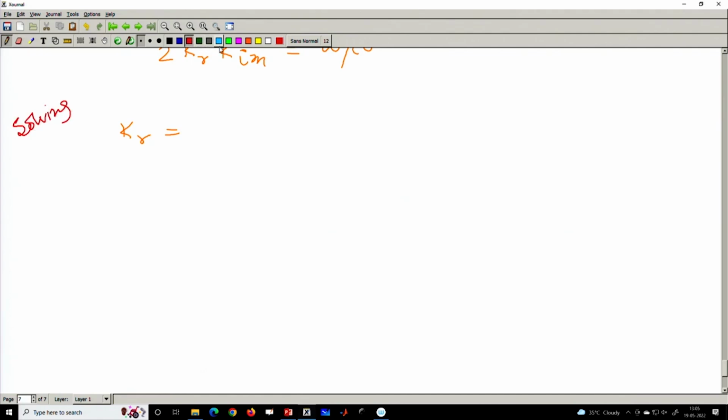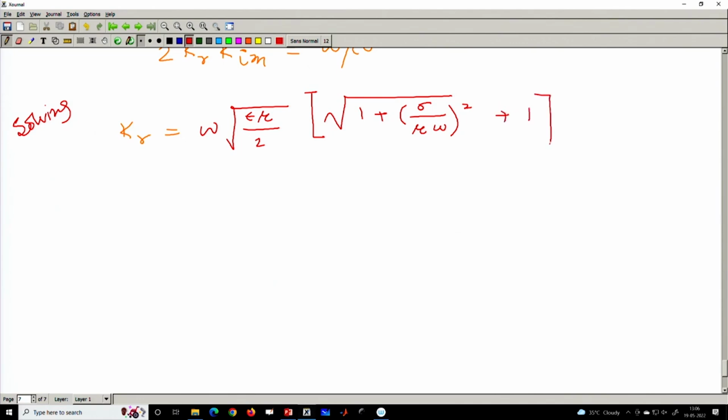Solving, you have k r is equal to omega root over of epsilon mu divided by 2, and then we have root over of 1 plus sigma over mu omega whole square, plus 1, whole to the power half. That is my real part of the k. And what is the imaginary part, considering the damping?